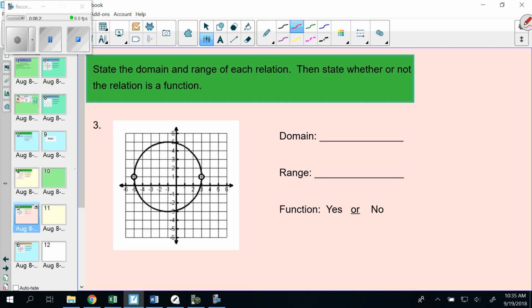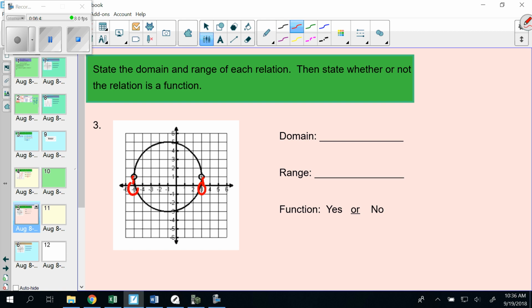Okay, number 3. Looking at this graph of the circle here, what are the x values and y values spanned here? So with x values, we're looking at what's the farthest point on the left and the farthest point on the right. Farthest point on the right looks like 3.